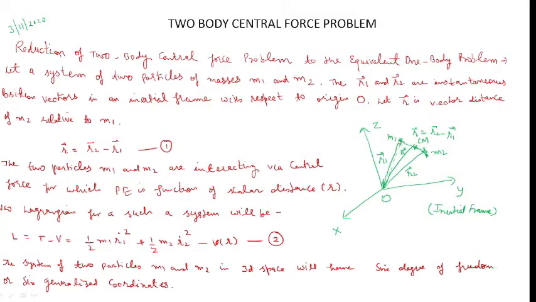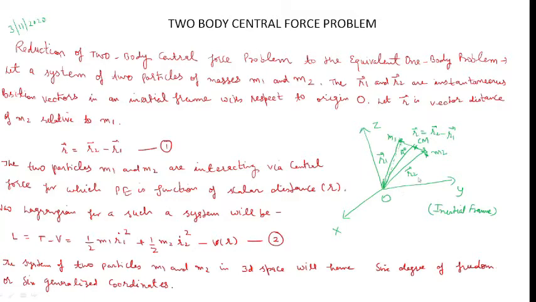m1 has the position vector r1 from the origin O, and m2 has the position vector r2 from O. The relative distance between m1 and m2 is represented by vector r, and that is equal to r2 minus r1.